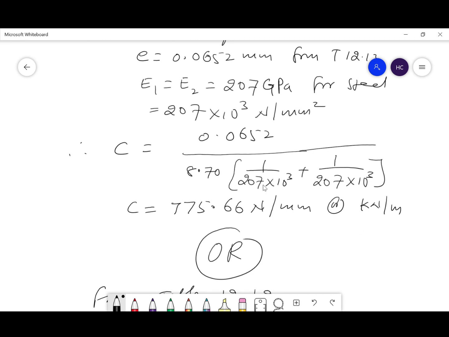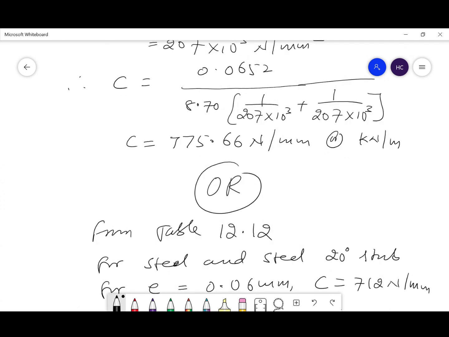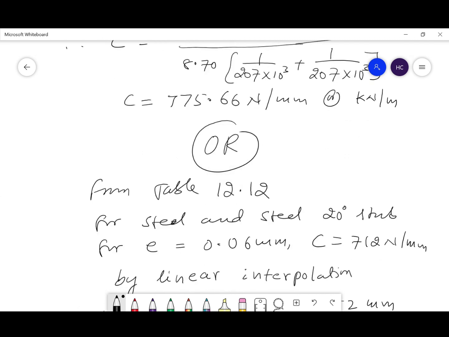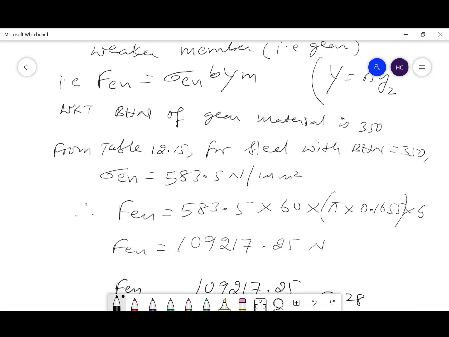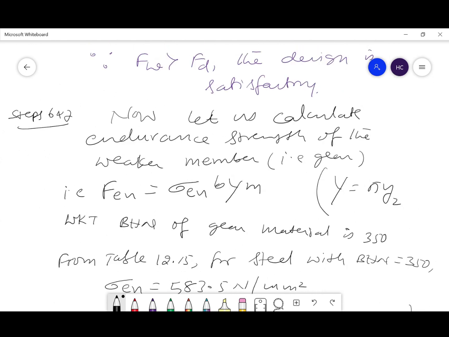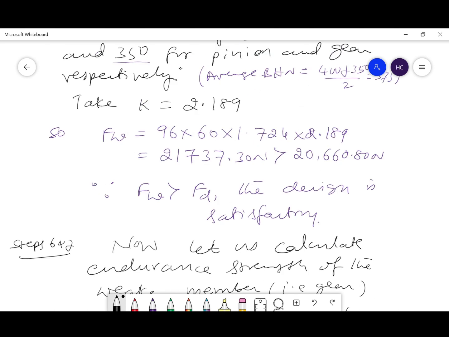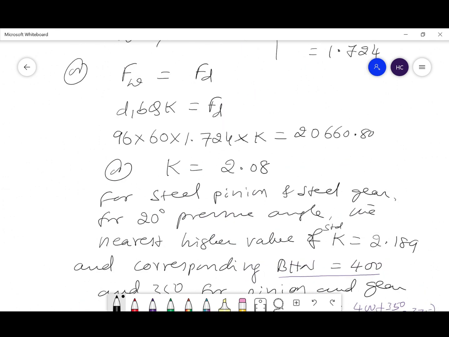If these moduli of elasticity for both pinion and gear are not given, then it's better to refer to table 12.12 to obtain the C value.